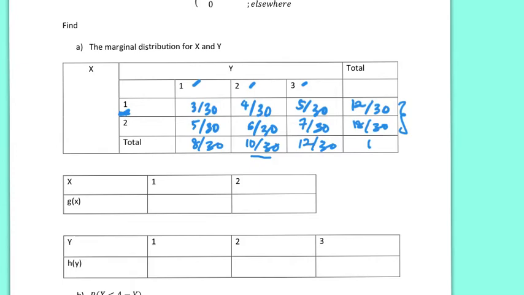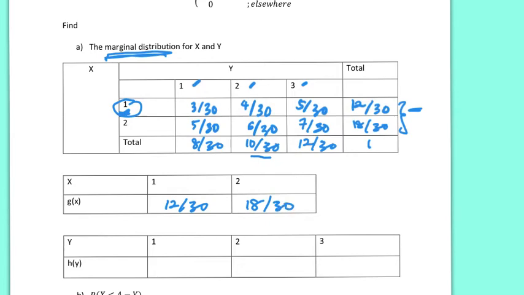Since the question asks you to find the marginal distribution, for marginal, when x equals 1, the answer is 12 over 30. And then when x equals 2, the answer is 18 over 30.